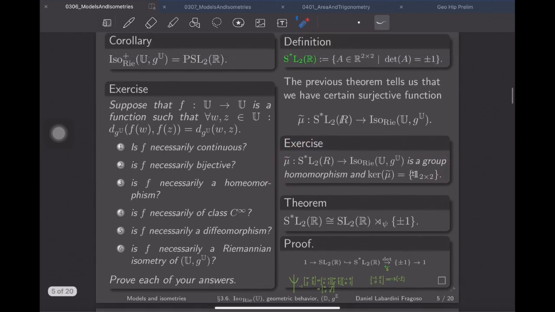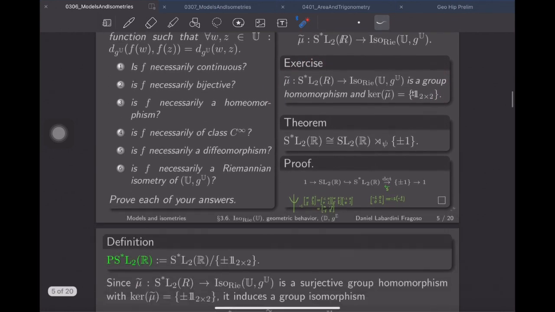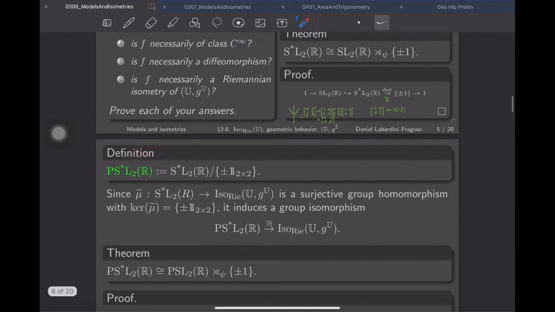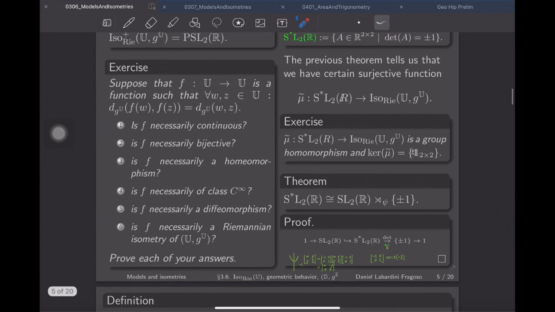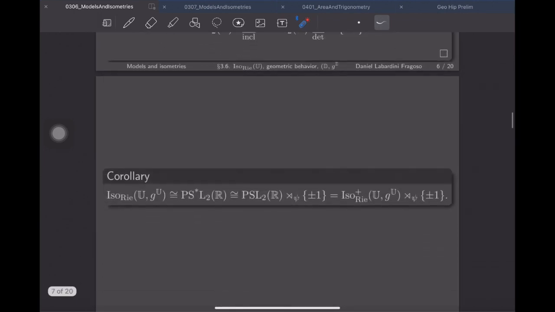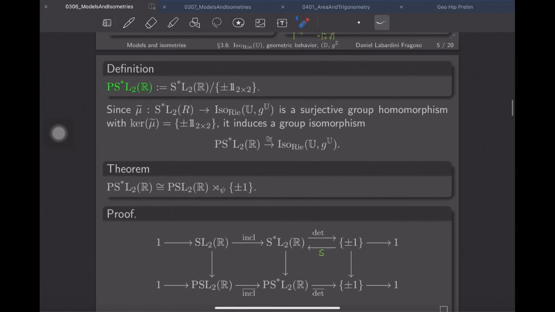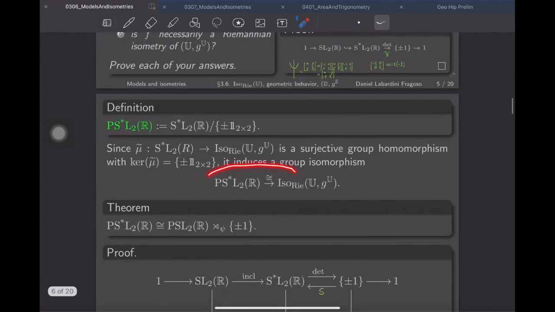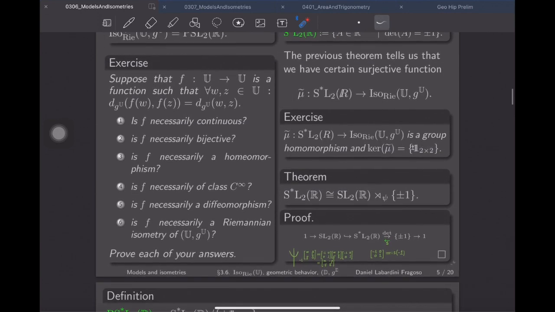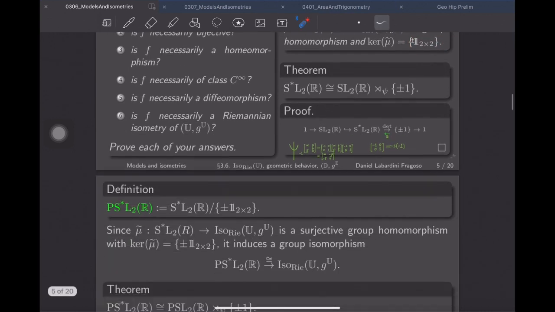So one actually obtains this isomorphism, by just modding out the kernel of this group homomorphism, which is plus or minus the identity.